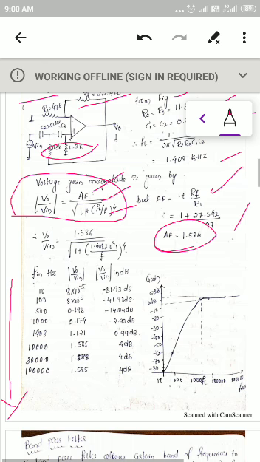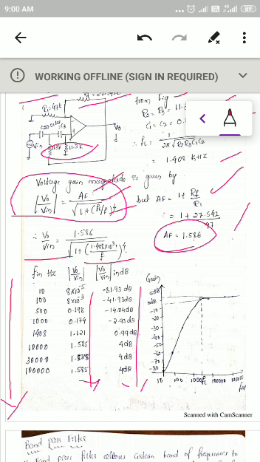For different values of F, you have to calculate V0 by Vin and then V0 by Vin in terms of dB, similar to how you did for the other types of filters. Here F can be 10, 100, 500, 10,000, 30,000, 1 lakh and so on.